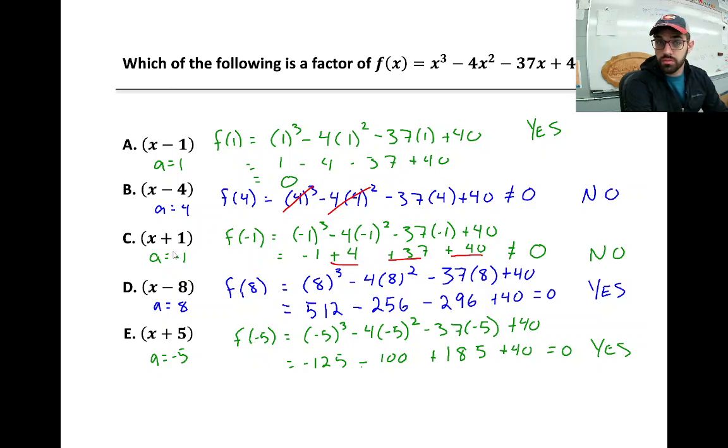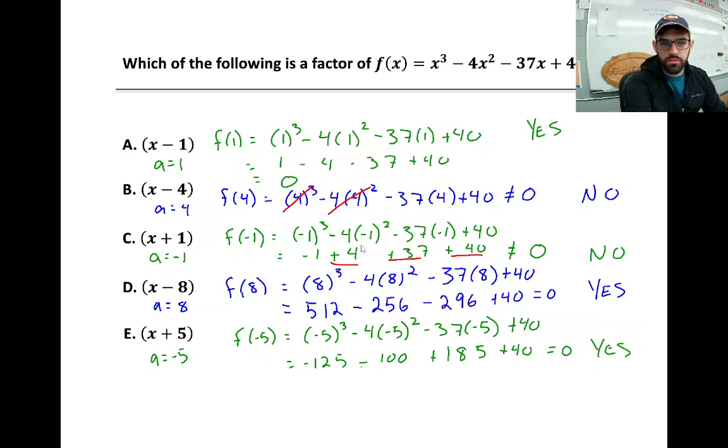So x plus 1, if we follow the format x minus a, we could think of this as x minus negative 1. So in this case, the a value would be negative 1. Or, just do the opposite of the operation here. So if I wanted to see if x plus 1 was a factor of the polynomial, I'm going to evaluate f of negative 1.